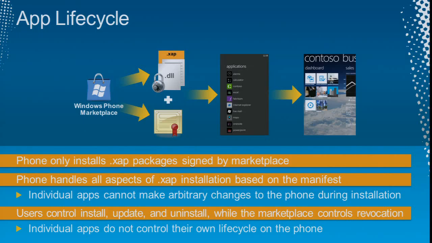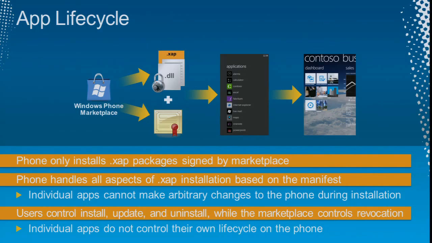The phone handles all aspects of the installation, but the individual apps are only taking instruction from the marketplace on which apps to install, and they are enforced by the manifest that is required via the app. So the app, when it's ingested in the marketplace, has a manifest that controls what it's able to do and the nature of the app. The manifest is what determines what's done at runtime and what's allowed at runtime.